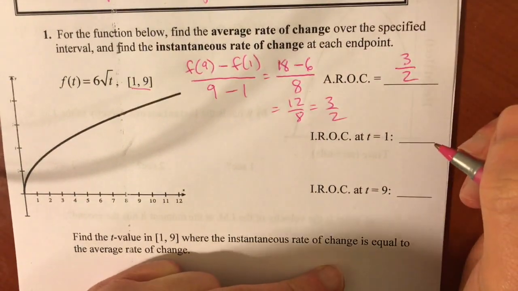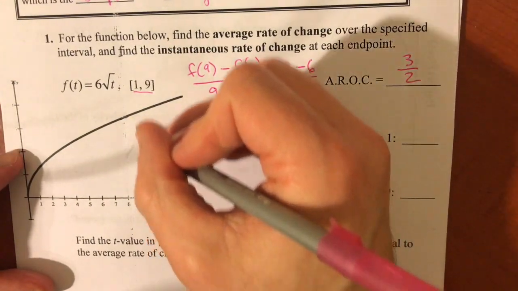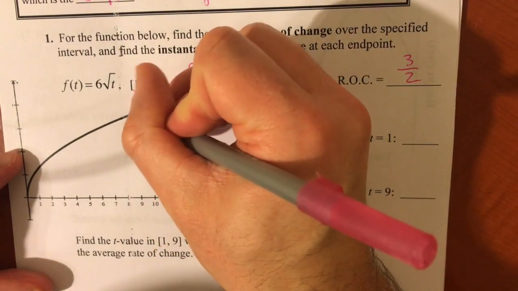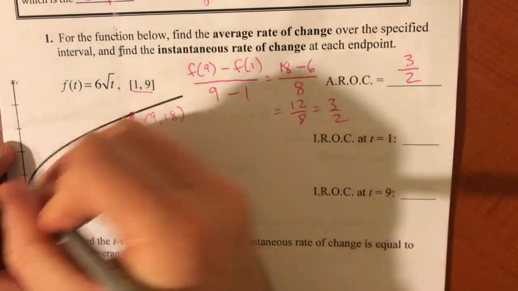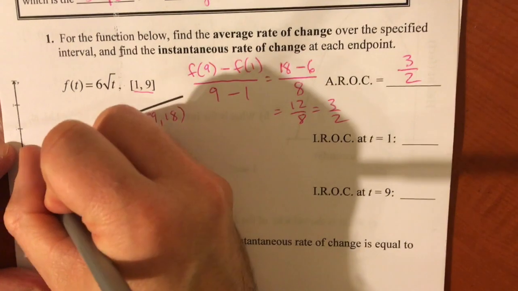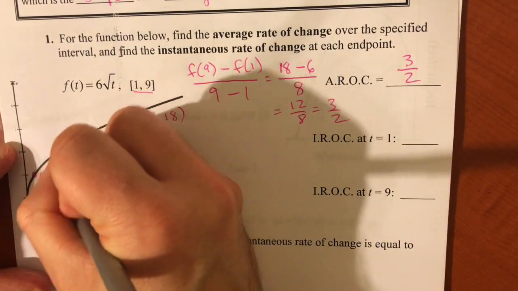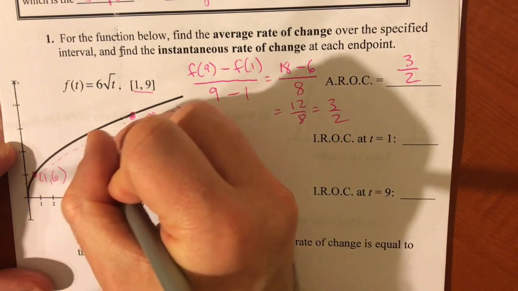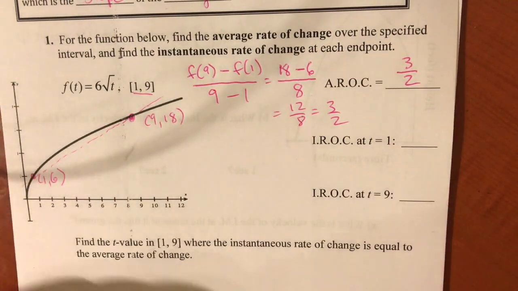That's the average rate of change, the AROC, over that interval. And if you like the visualization here, that's what we found there. That point was (9, 18), and this point was (1, 6). And we just found that the slope from there to there is 3/2.